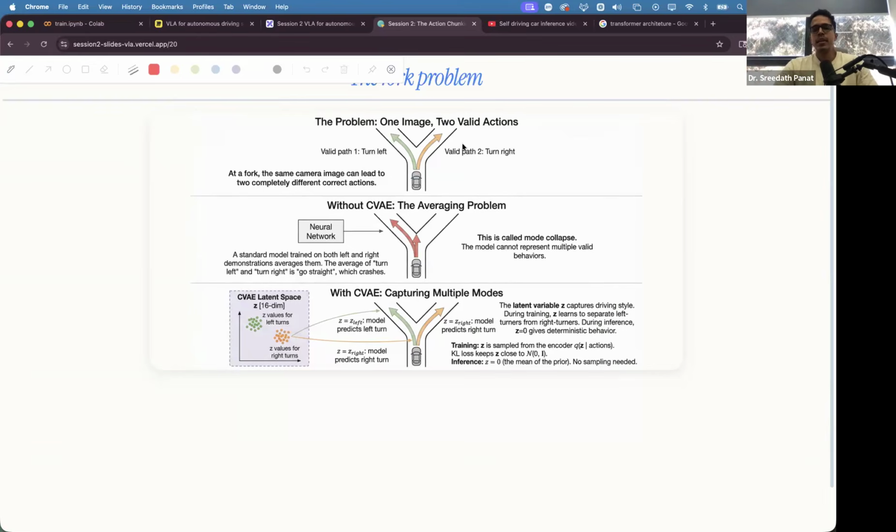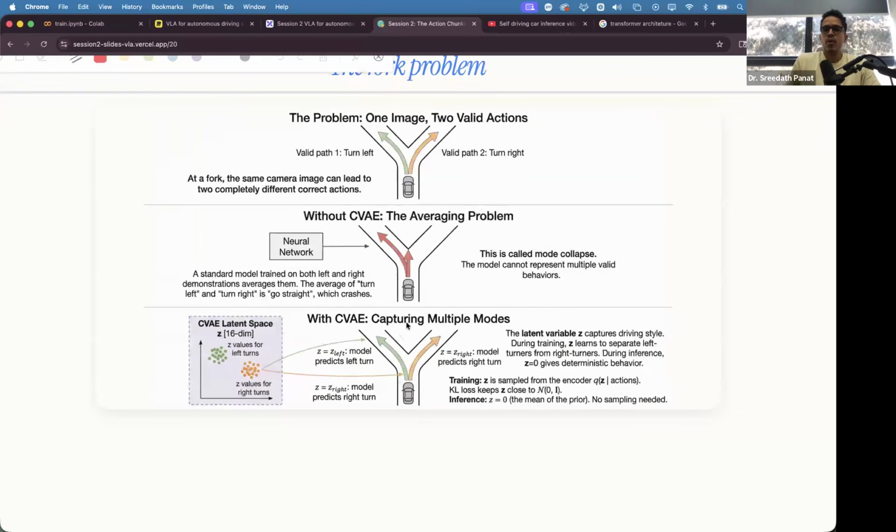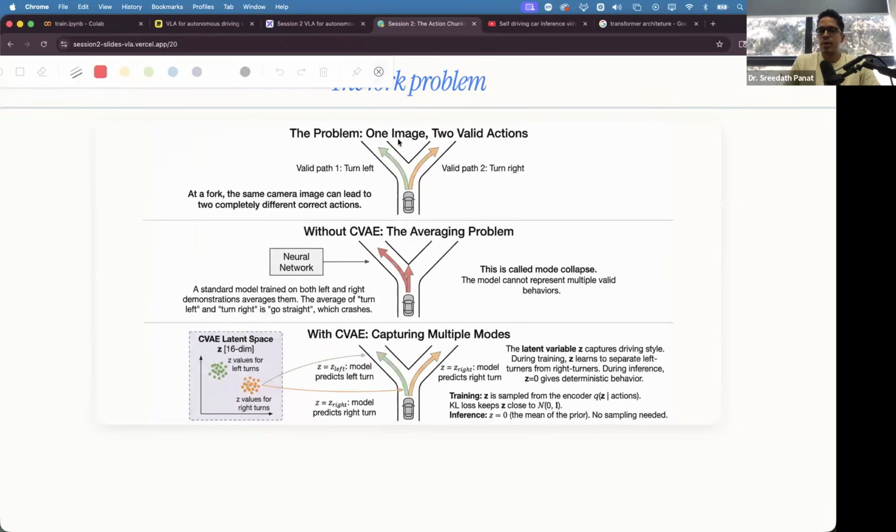So this is the problem which I discussed with you earlier. If you don't have a conditional variational autoencoder, which I'll discuss, what will happen is you have 2 modes here. In one mode, your car is driving to the left and in the other mode the car is driving to the right. I'm talking about the case where language also is not there. If language intent is missing, meaning always drive to the left or always drive to the right, then for the same input, you have 2 types of outputs.